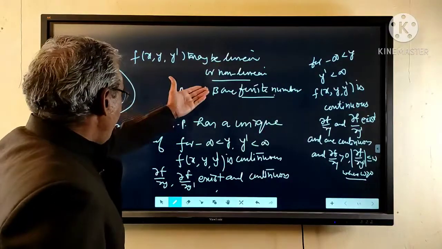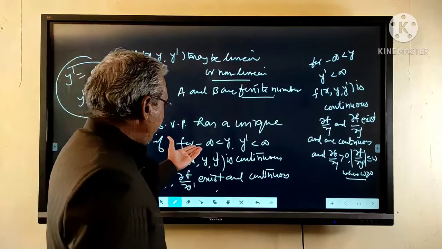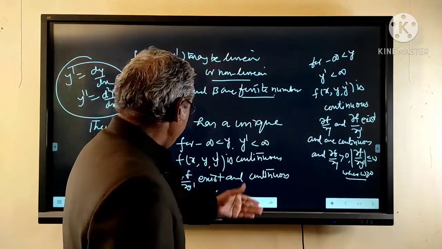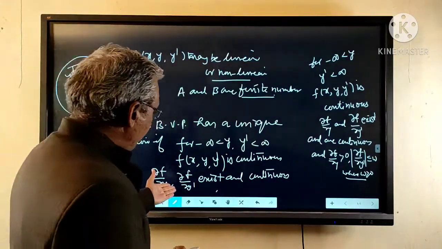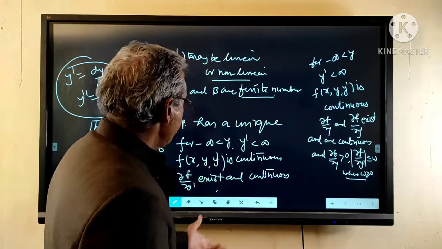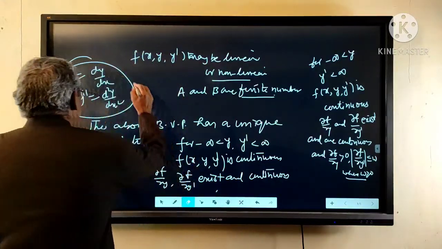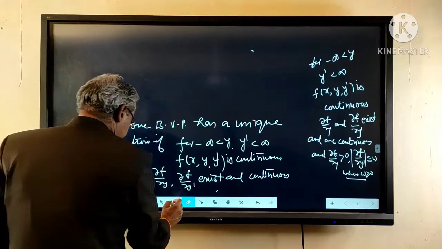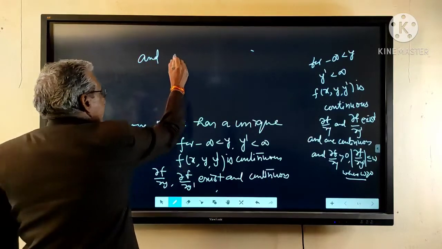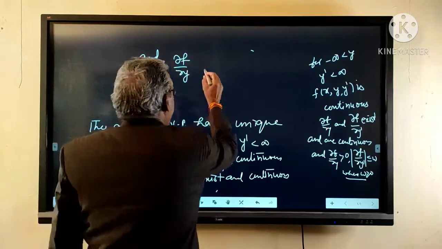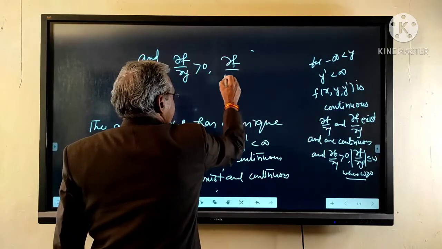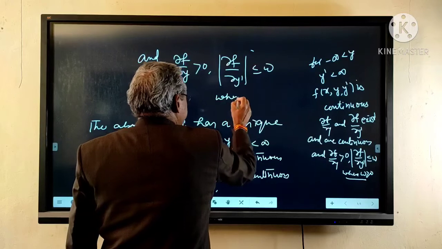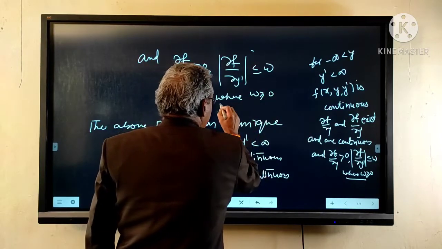So the 2-point boundary value problem has a unique solution for minus infinity less than y dash less than infinity, the function f is continuous, del f by del y and del f by del y dash exist and are continuous, and del f by del y is greater than 0, and the modulus of del f by del y dash is less than omega, where omega is greater than or equal to 0.